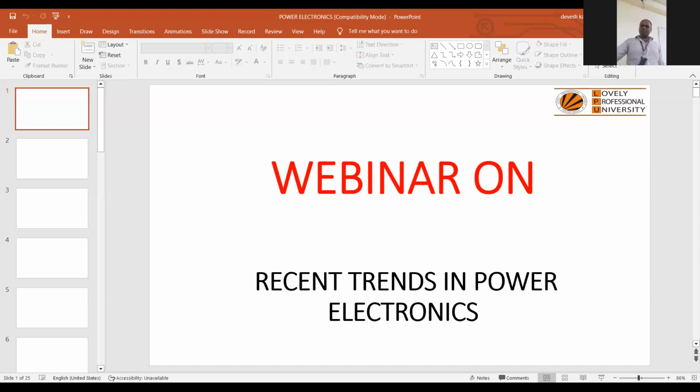From this tabular column, you can identify and evaluate how AC is converted into DC by using the rectifier, and how DC is converted into AC by using the inverter, and how DC at constant voltage to DC at desired voltage by using the chopper, and AC at constant voltage and frequency to AC at desired voltage and frequency by using the cycloconverter, and also AC at constant voltage and frequency to AC at desired voltage and input frequency, that can be taken care of by the AC voltage controller.